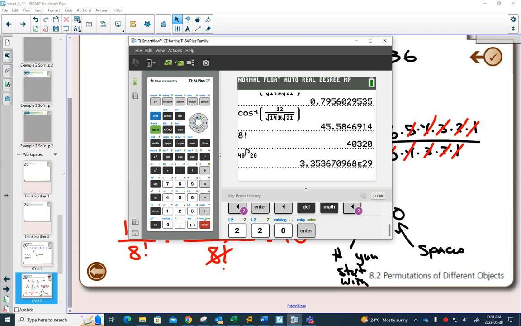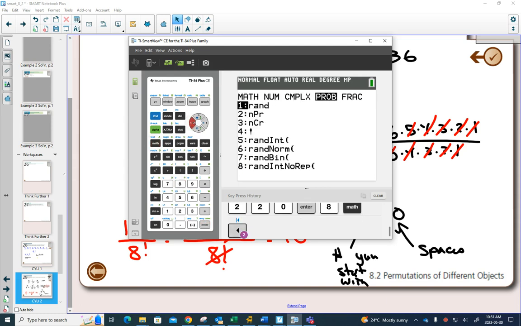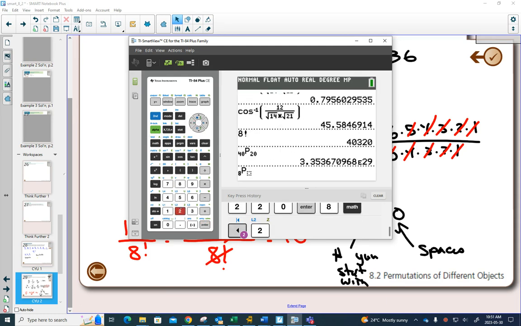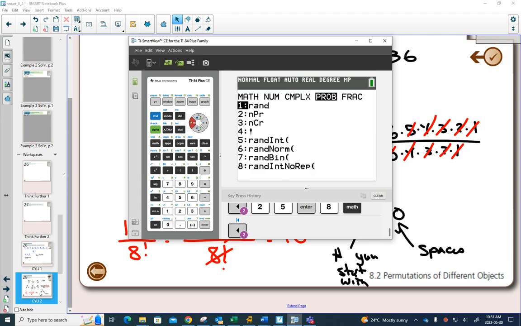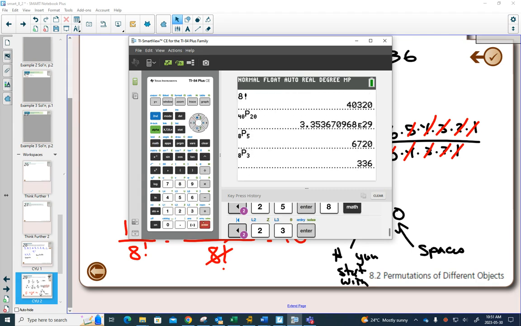So see if you can find the nPr button on your calculator. The one that we did was 8P3, again 336. See if you can find the permutations button on your calculator and how it works.